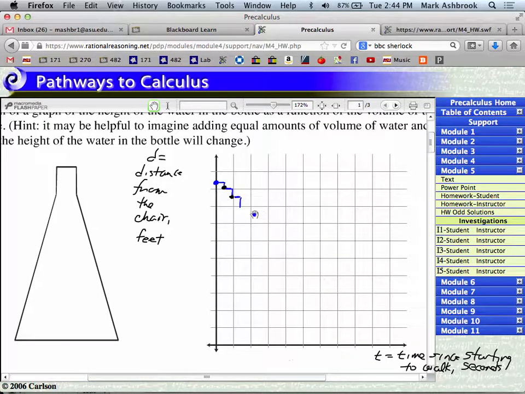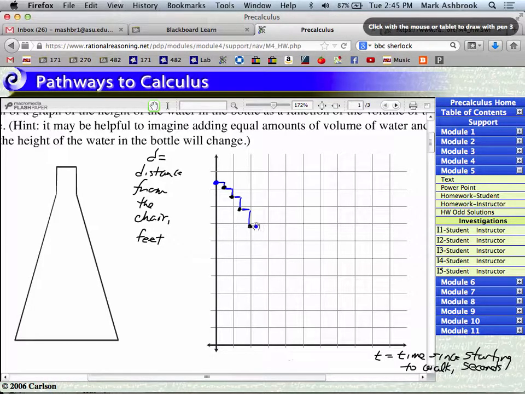Okay, so what's happening? My changes in distance from the chair are negative, and are they getting more or less negative? More negative. They're getting more negative. So, changes in distance are getting more negative. Are those increasing? Okay, don't pack up. Or at least listen very carefully.